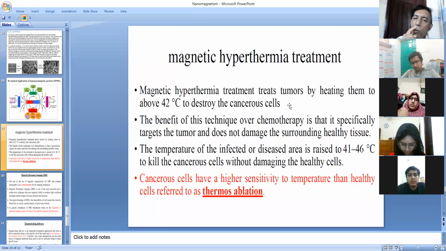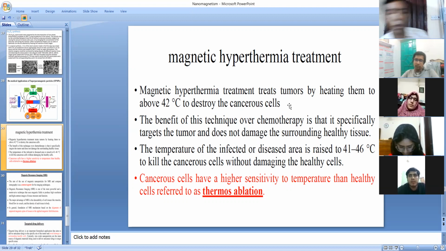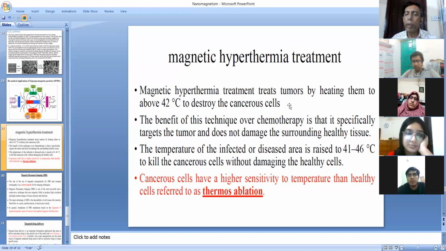Now, if you pass a magnetic material to that tumor and heat that material from outside, then the tumor will burn and you will get rid of that tumor. So how can you do it? This is a very easy thing. Say, for example, iron oxide. Iron is a very good biocompatible substance.